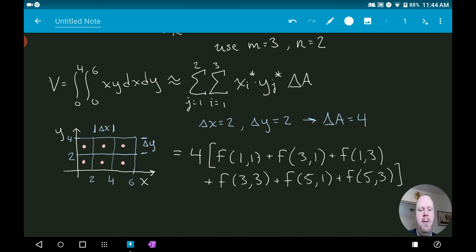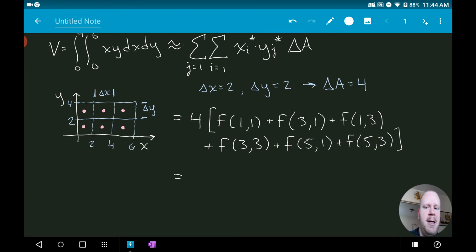Just notice that we've got 1, 2, 3, 4, 5, 6 terms, which is m times n, so that's good. Just a nice double check to have. Again, it's tempting to get every single one of these intersections, but we just want the 6 points there. So these 6 midpoints will do it.